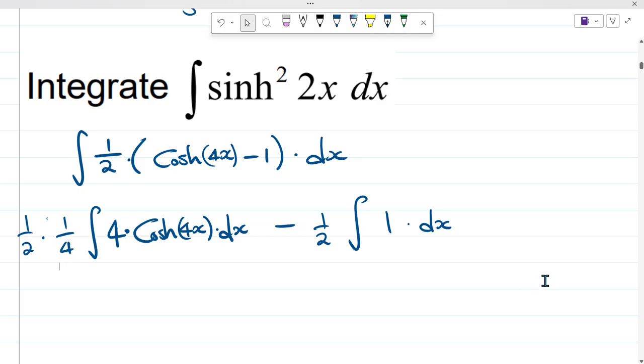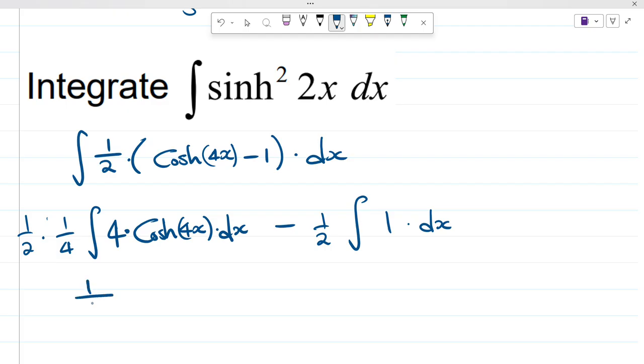And then from there, you ask yourself, what is it that was differentiated for you to get positive hyperbolic cos of 4x in this case? You'll realize that it's positive hyperbolic sine of 4x that was differentiated to get this positive hyperbolic cos. So you conclude that whatever is outside the integral should always go with you to the answer.